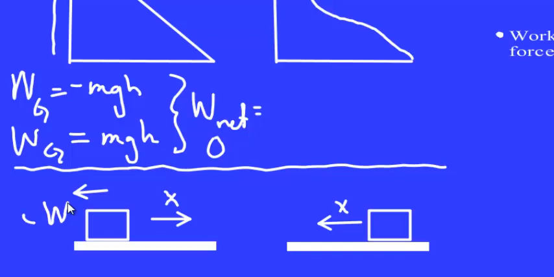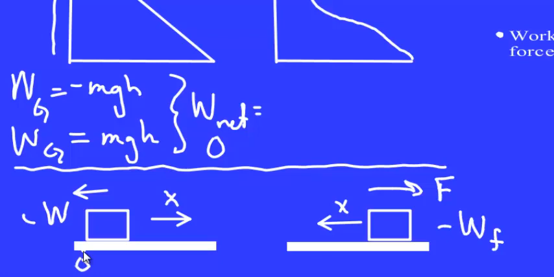If the displacement is to the left, the friction force is now to the right, and again, the friction force does negative work. So when this box undergoes a round trip back to the origin, the friction force does negative work going away from the origin, and then negative work again going toward the origin. It does negative work both ways.